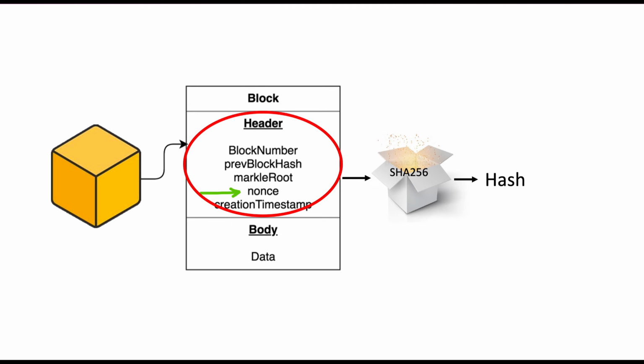And this hash cannot be greater than our target value. So the mining process is to find the nonce, and a nonce can be found only by brute force search, which means the only way is to try every possible nonce one by one.